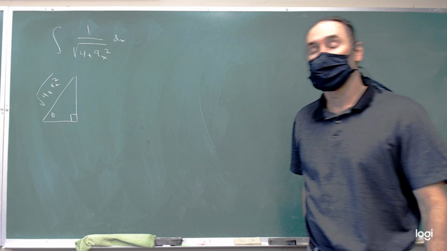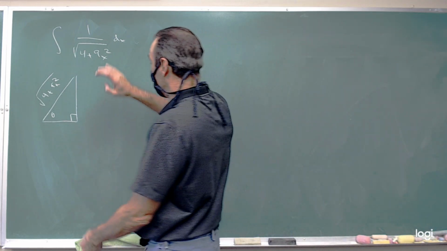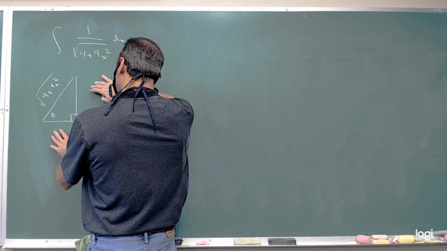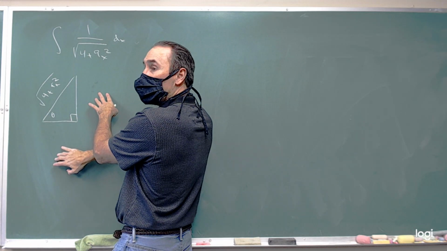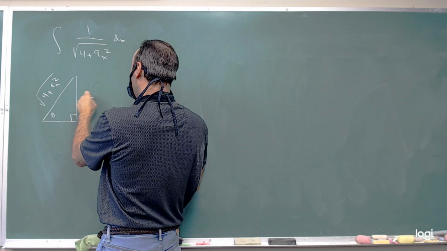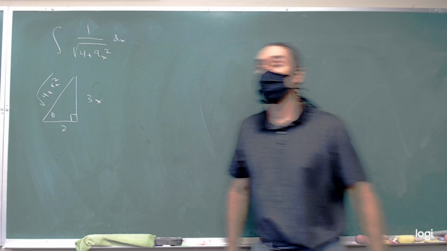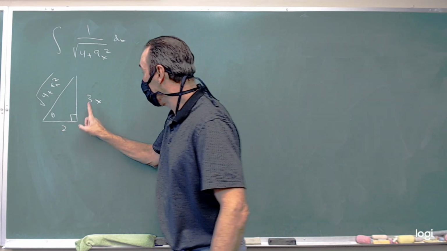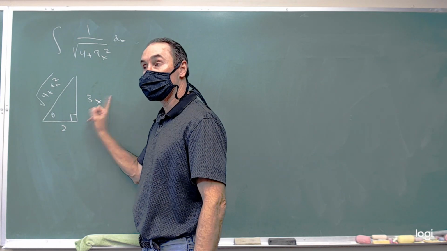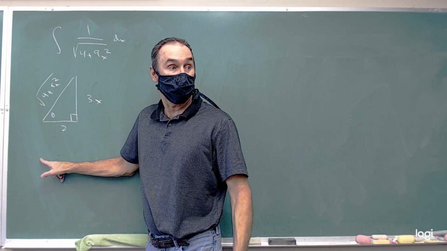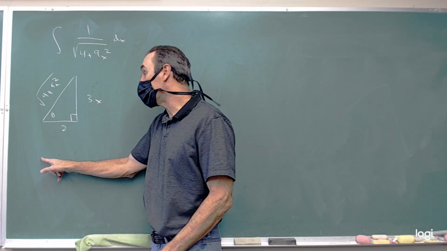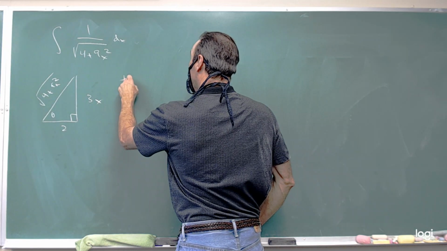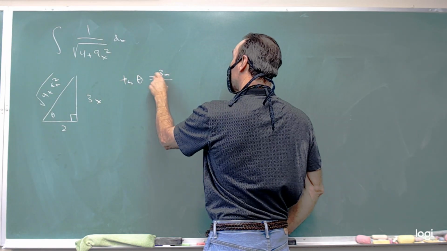And this is what I always find the most challenging. So do we put the 3x opposite and the 2 adjacent, or the other way around? First option is correct. Because that will allow us to say that the x combined with a constant is going to be a tangent. And remember, we want either a sine, a tangent, or a secant. So we're going to say tangent of theta is 3x over 2.